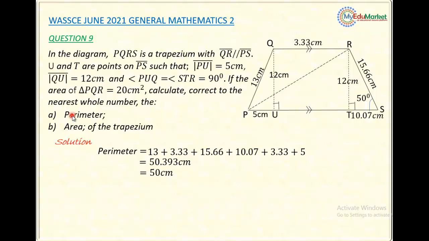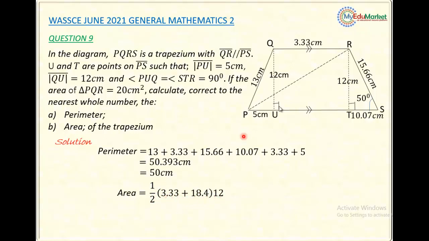Question number B says area of the trapezium. Remember, area is given by the formula half times A plus B times height, where A and B are the parallel sides. So this is my 1/2. This will be my A, this will be my B, then this is my height.